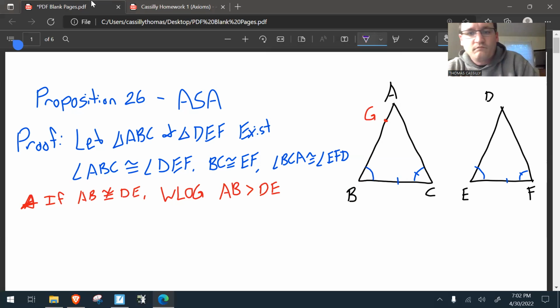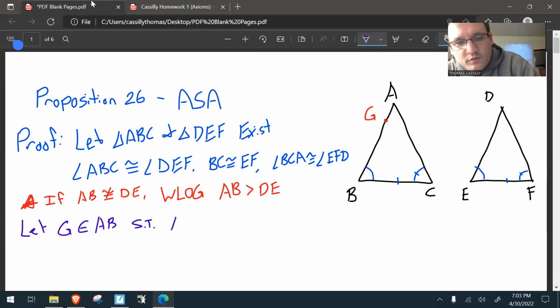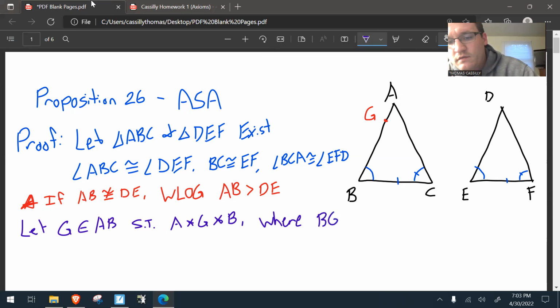We can put a point wherever we want. So let point G be on AB such that it's between A and B. So we're going to say A star G star B. What that means is G has to be between A and B. And since we can put G anywhere we want, it's helpful to construct G in a spot where BG is congruent to DE.